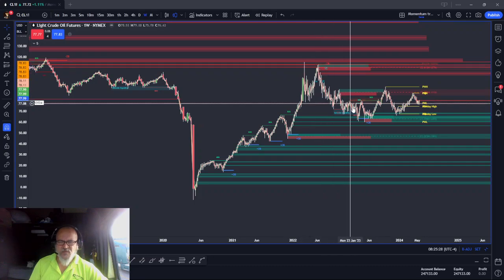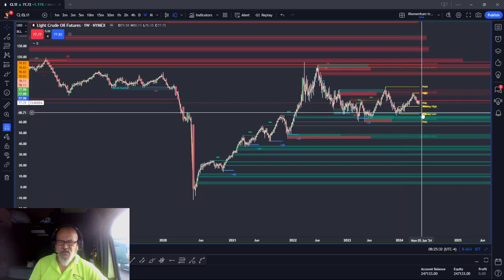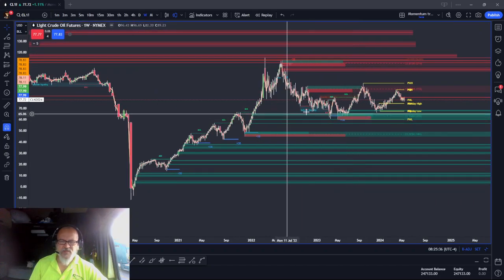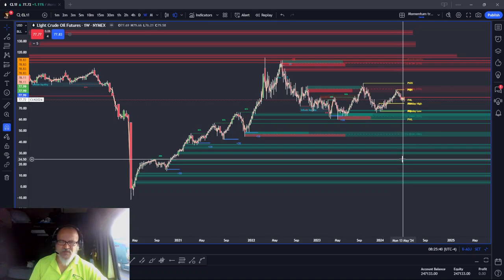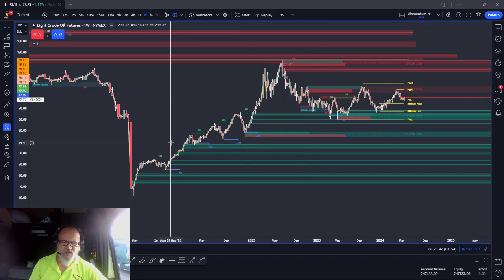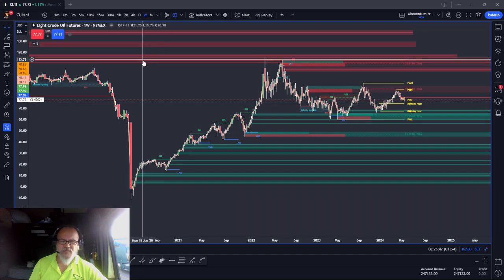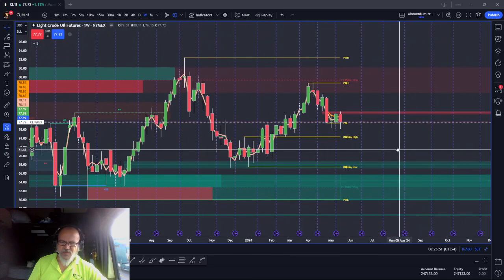Lower high, started moving down, pretty much in consolidation right now. We'll have to see what happens, but we could get some displacement back to the downside for a market maker sell model, but that is on a weekly chart, so that would take a really, really long time to happen.